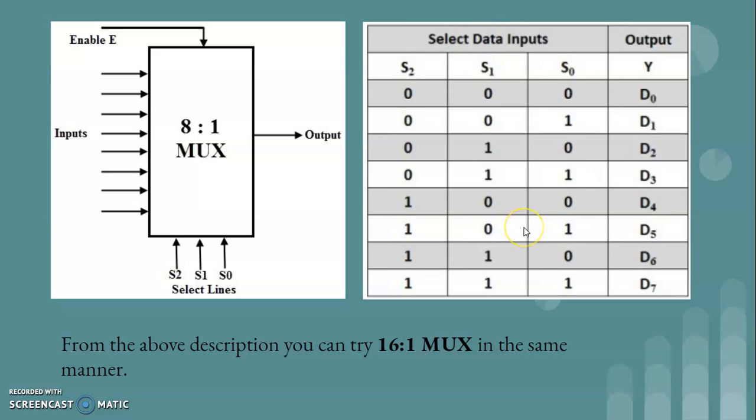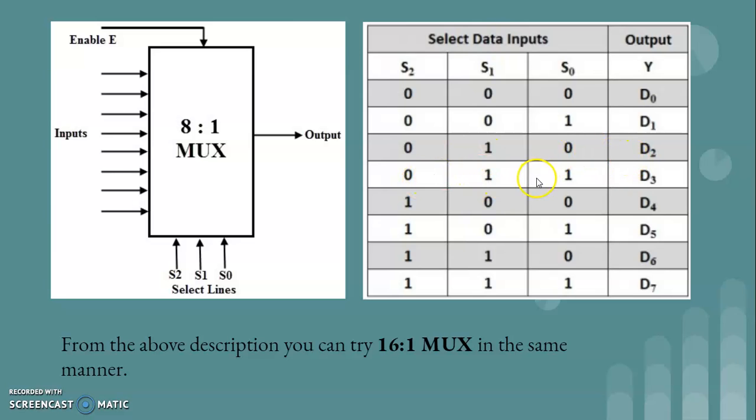This is the truth table of 8:1 mux. If all the three select lines are 0, then D0 input line will be selected. If the select lines are having values 0, 0, 1, then D1 will be selected. If 0, 1, 0, then D2 line will be selected.